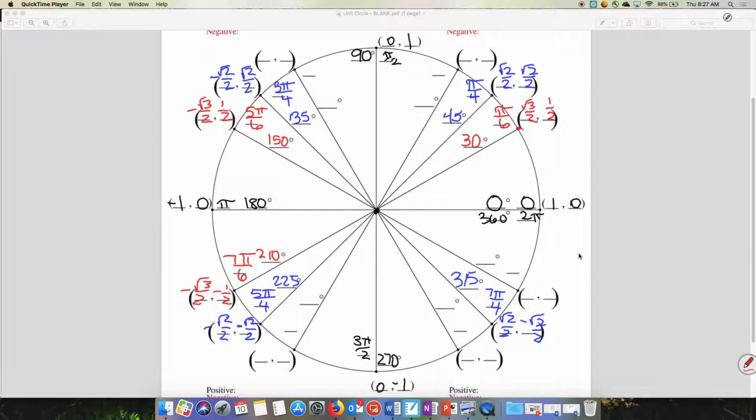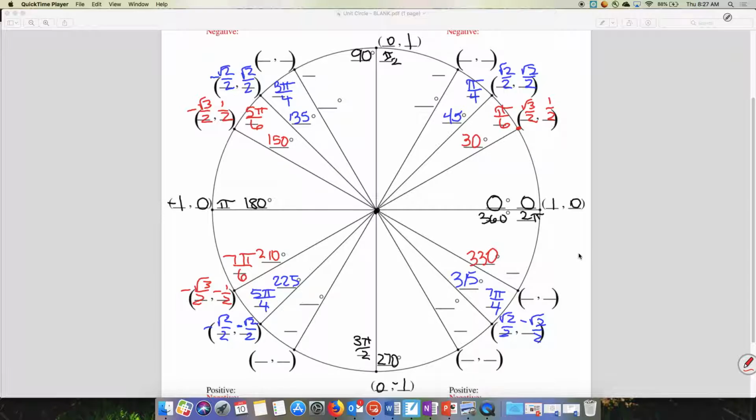Then in our fourth quadrant, when we place our triangle there, we are 30 degrees away from 360. 330. Okay. Translate to radians here.